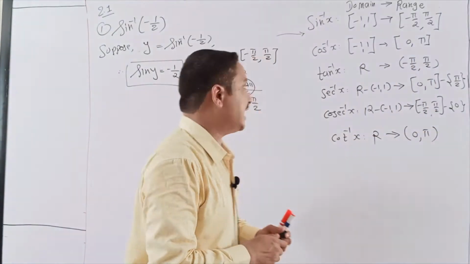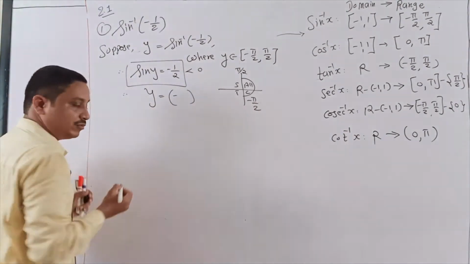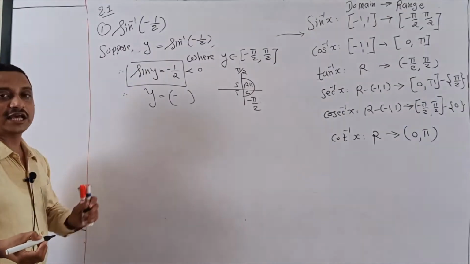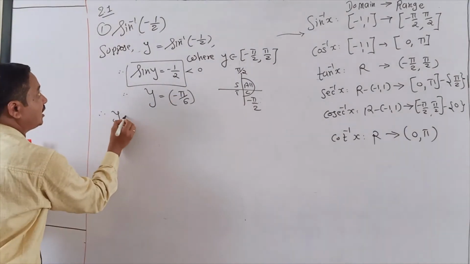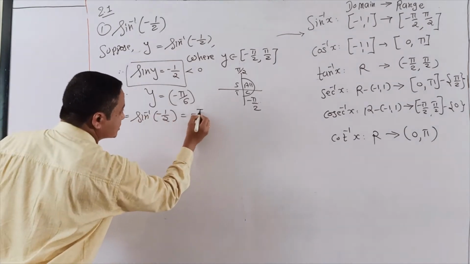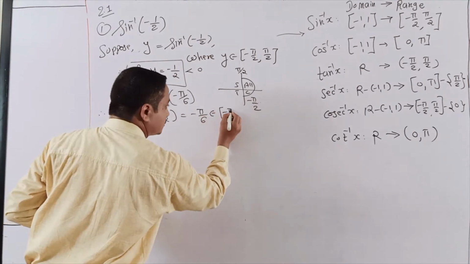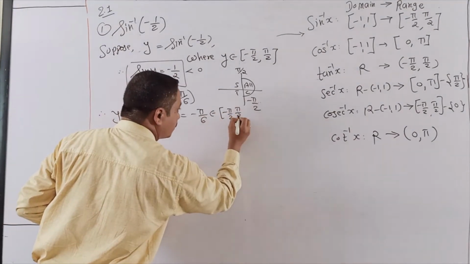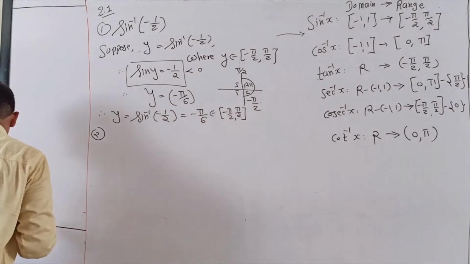That's why I just write y is equal to the fourth quadrant negative, and sine for half is 30 degrees, which is pi by 6. So my numerical is done. Sine inverse minus half is minus pi by 6, which belongs to our range minus pi by 2 to pi by 2.